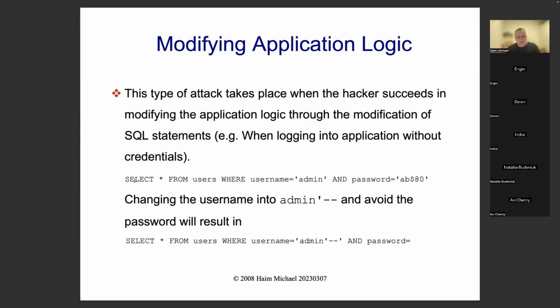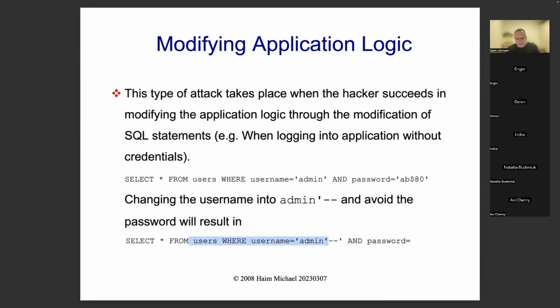Just imagine that we have on the server side a statement like this one, and we find a way to pass over to the server side as the value of username this text. When doing so, what happens is that we get a statement that this part of it is actually a comment.